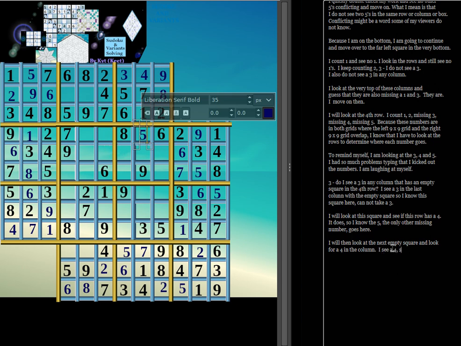I see a 4, so I know that I cannot put a 4 here. I put the 3 here instead, and the 4 here.